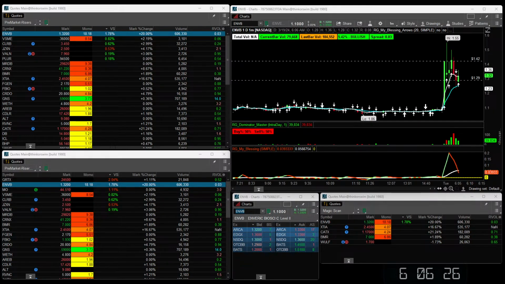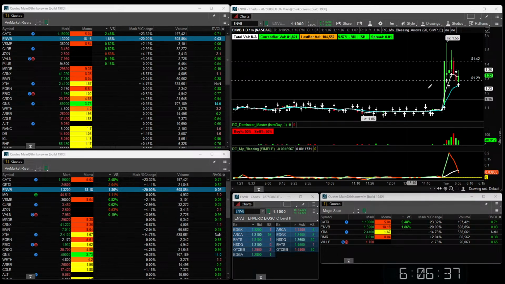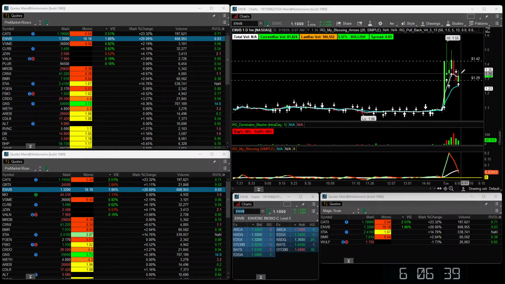Long wick on the top is not good. So if you don't know how to read candles, these are the sellers right here. They're trying to drive it back down. These are the buyers trying to push it back up.